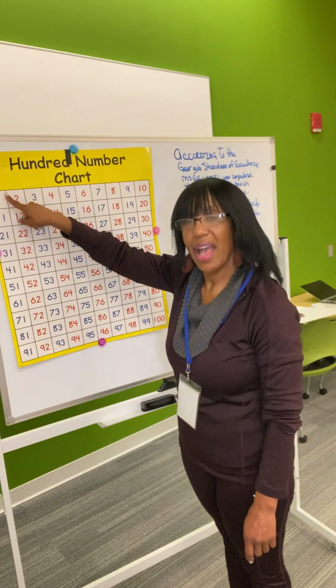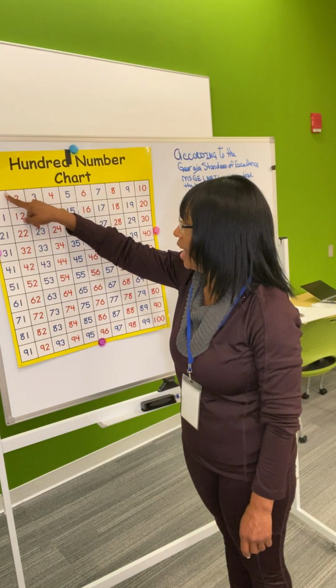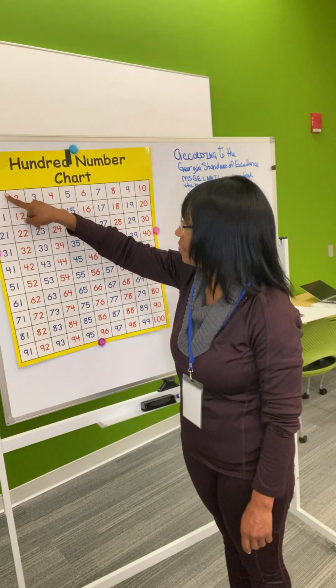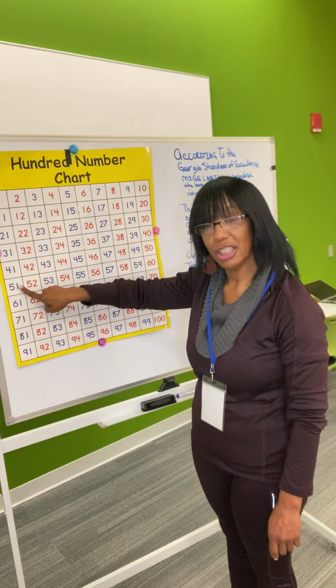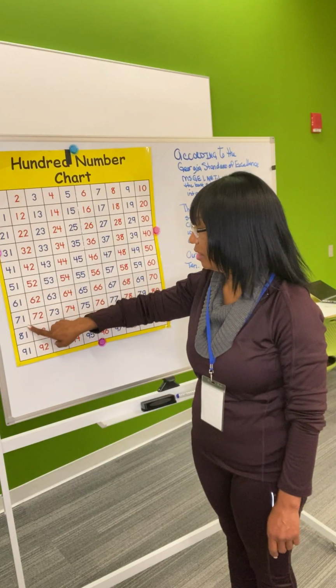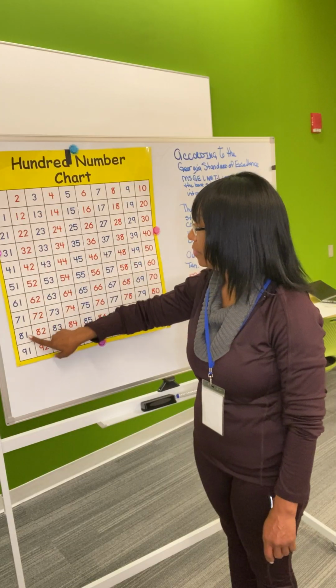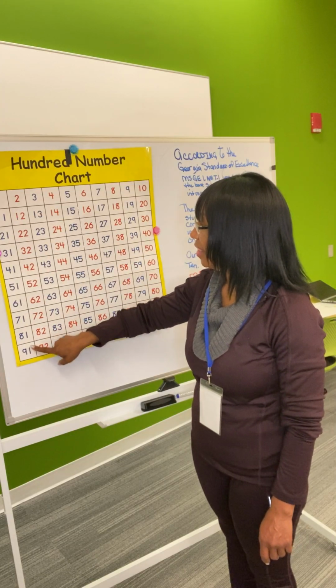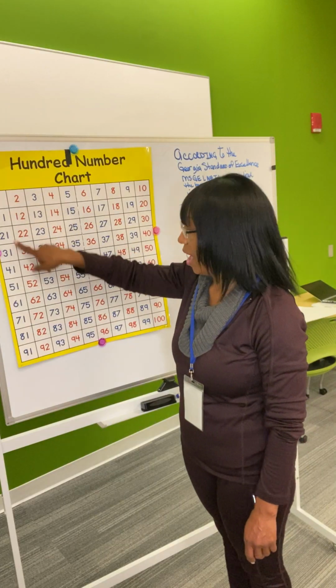I would also ask them to look in the first column and look at a pattern. The students could possibly say that all the numbers in the column to your right all have number ones.